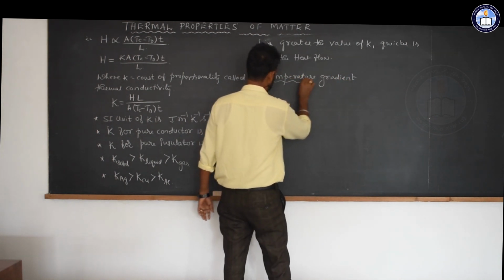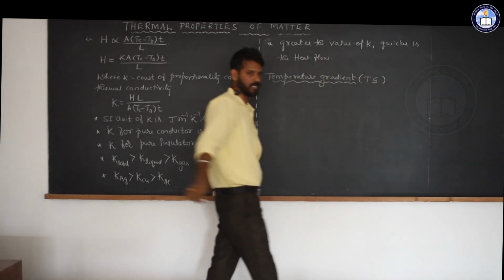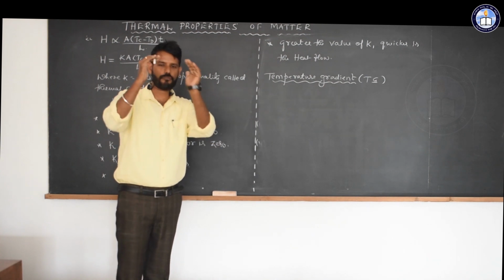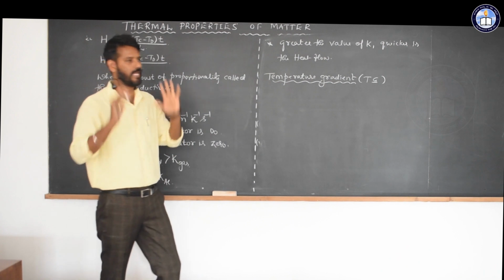Now coming to the next point related to thermal conductivity, called temperature gradient. This is the ratio of the temperature difference at the ends of the conductor to the length of the conductor.